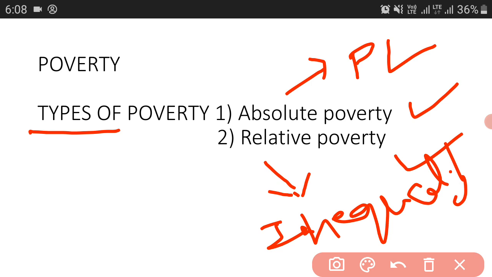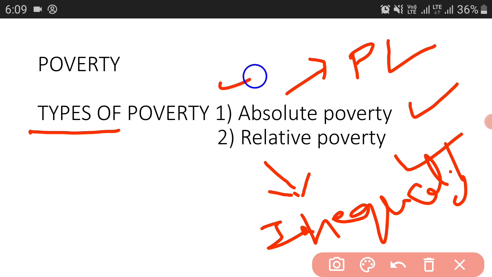As you may be knowing, the underdeveloped countries have high absolute poverty because they have very little present for them, and they are deprived from basic amenities, while in case of developed countries the absolute poverty is very low because they have enough for meeting their basic requirements, so their absolute poverty is very low.